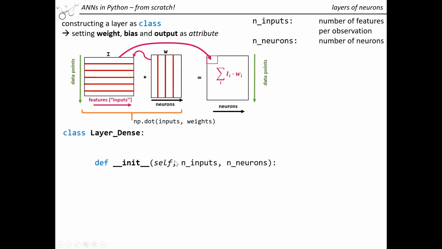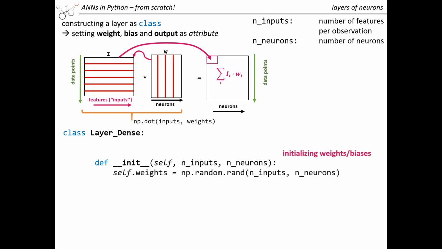And when we call it, it just sets up the layer with the required size. So n inputs, as I say, does not refer to the number of data points, but to the number of features. And then here we have the number of neurons. And then we initialize the weights, again with a random number generator. And we can also initialize the biases, in principle also with a random number generator.